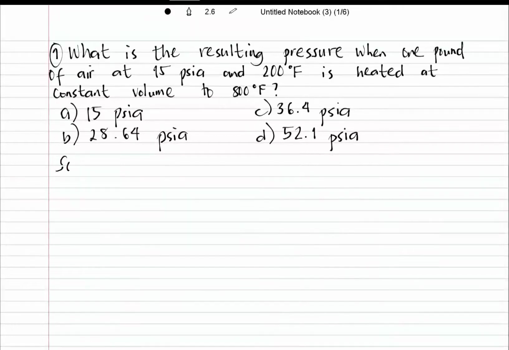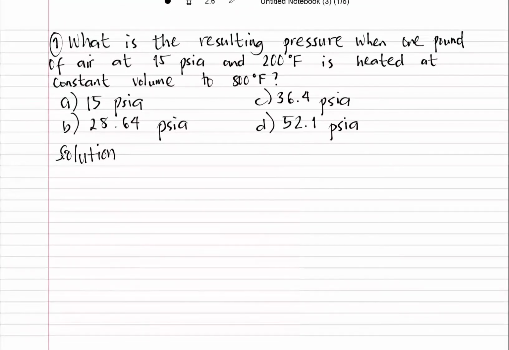So, solution para dito. Recall lang natin yung ating general gas equation. We have the pressure at point 1 times the volume at point 1 all over the temperature at point 1 is equal to the pressure at point 2 multiplied by the volume at point 2 all over the absolute temperature at point 2.